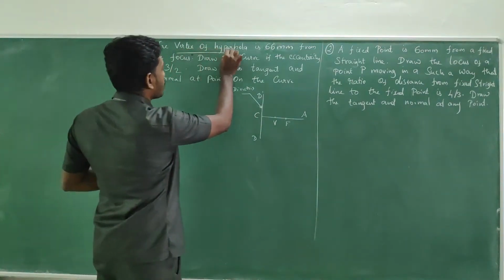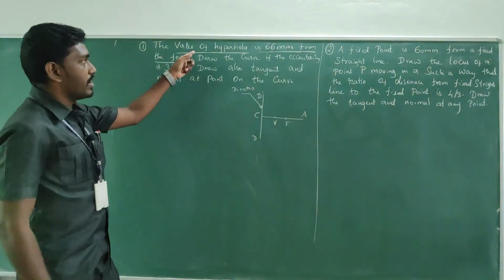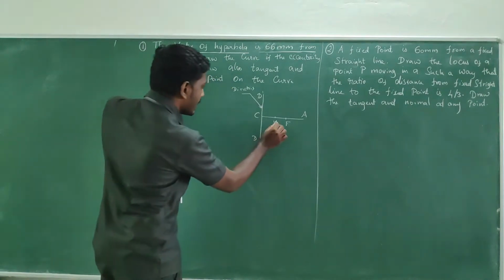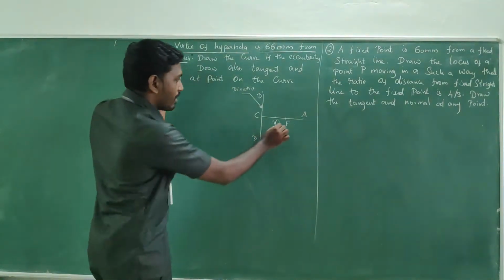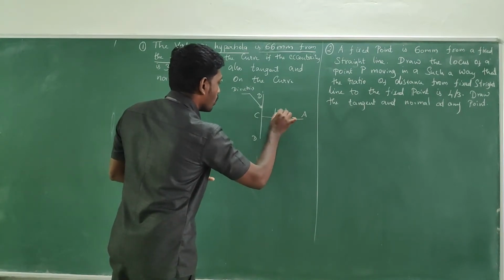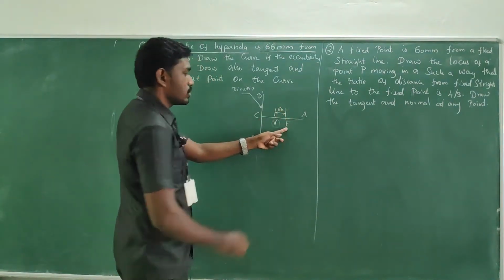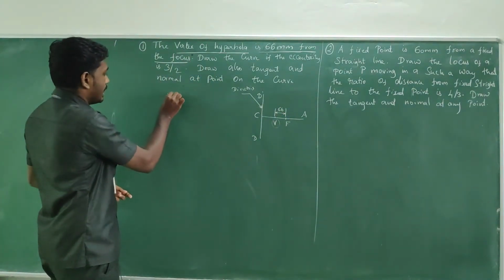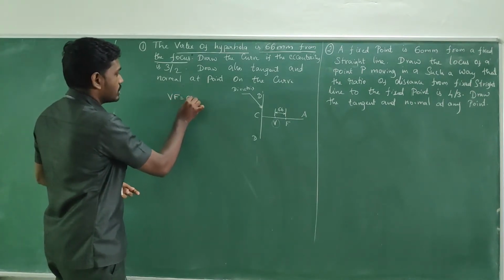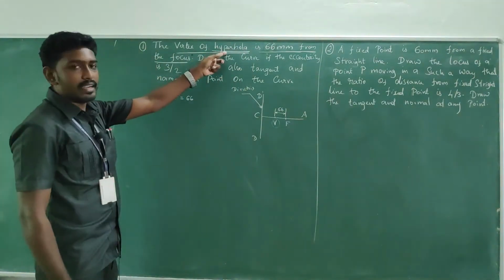The vertex of hyperbola is 66 mm from the focus. That means they are talking about the distance VF as 66. So in the question, VF is given as 66, and they have said it's a hyperbola.